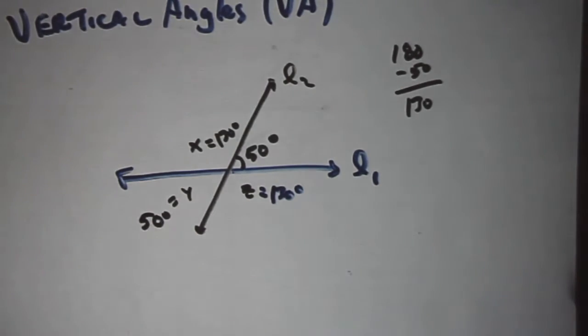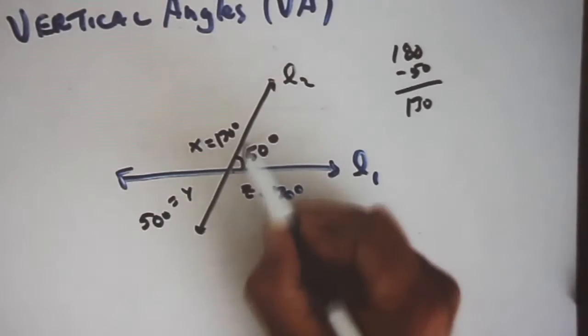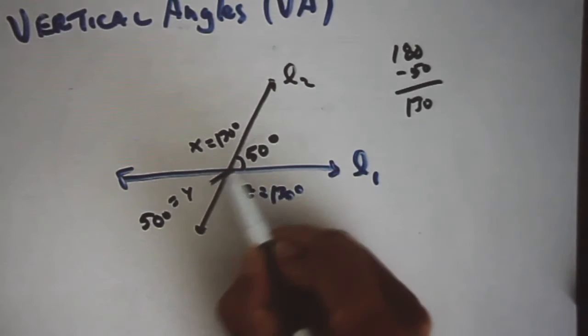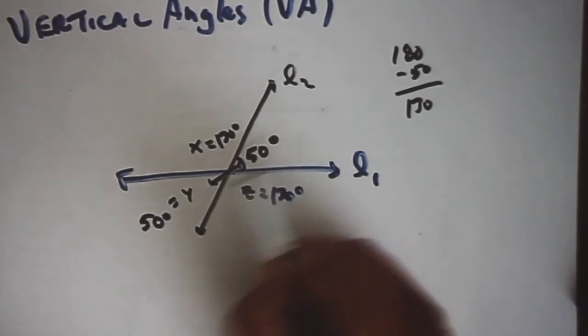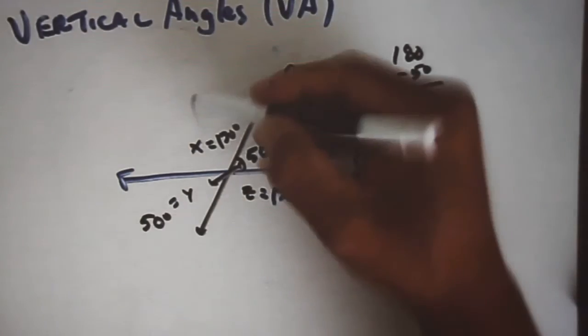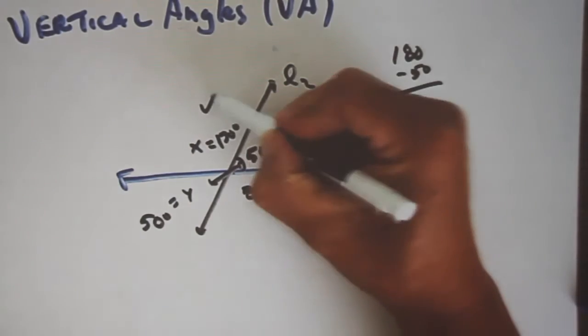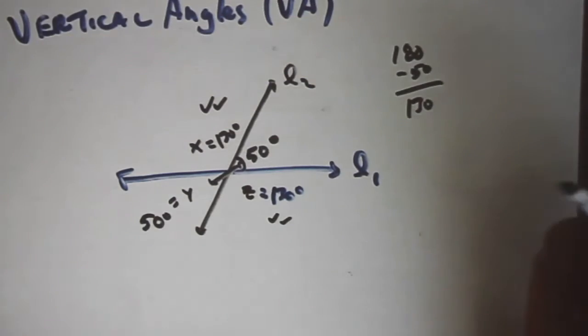And if you notice, the values that we use around this diagram repeat: just 130 or 50. Namely, notice how when the two lines cross, these angles that are diagonally across from each other are equal to each other. 50 degrees here, and then the angles diagonally this way are both 130 degrees.